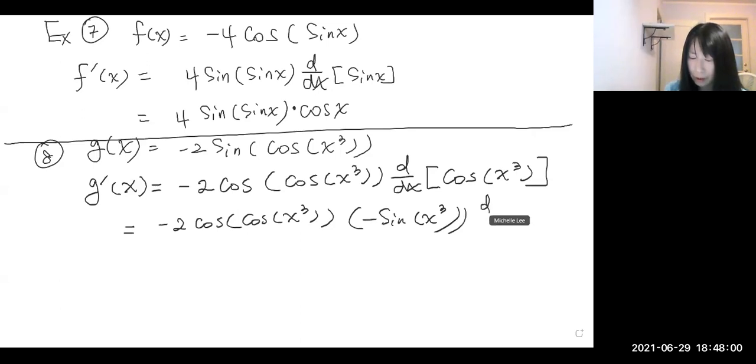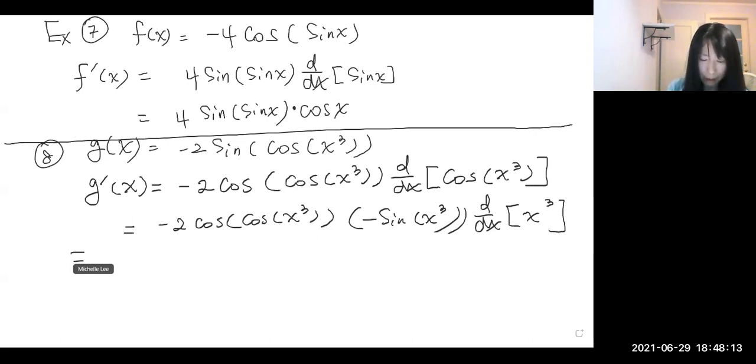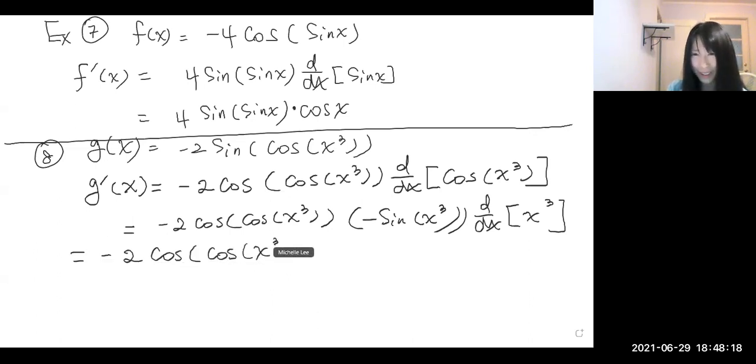So we do the derivative of whatever x cubed. Okay. So then we have negative 2 cosine of x cubed. And negative, so negative is positive. Then we have sine of x cubed.